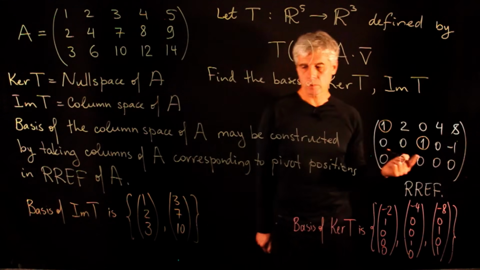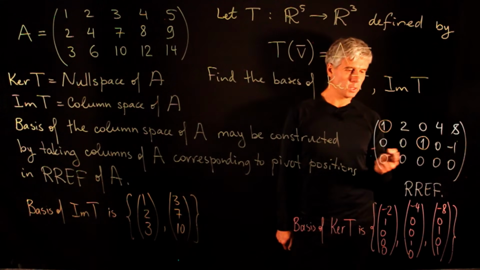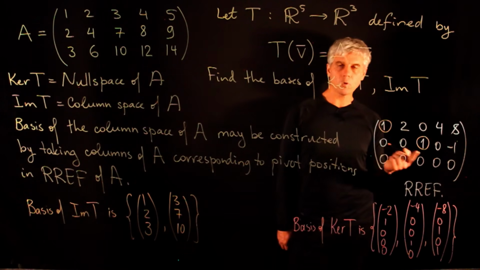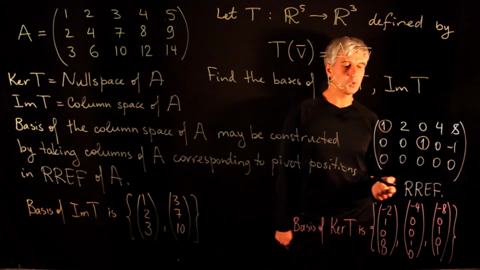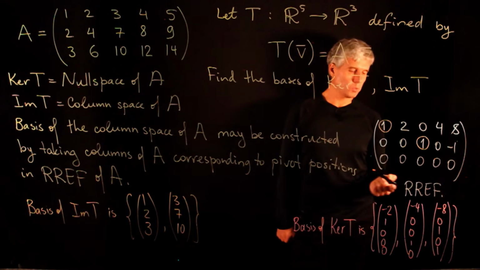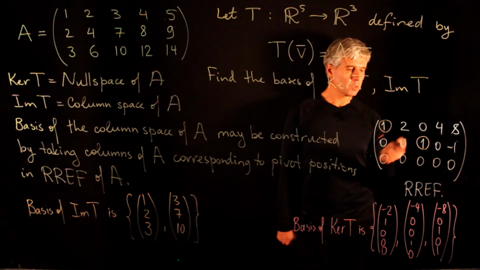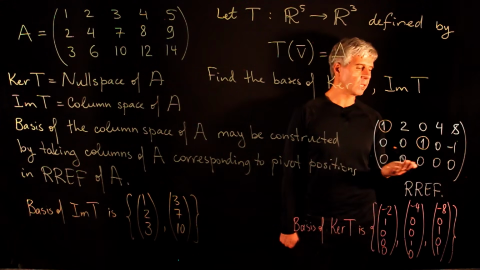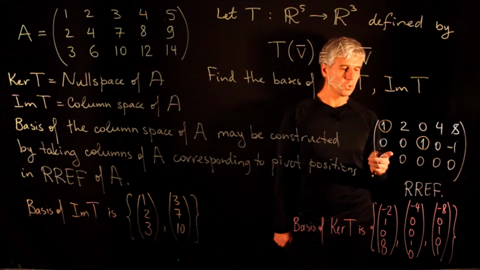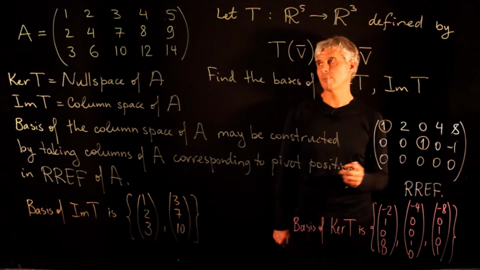Now, this follows from the fact that we knew that elementary row operations preserve linear dependencies between columns. And when we write down the reduced row echelon form, linear dependencies between columns become visible with the naked eye. So here we see that column number 2 is just twice column number 1.